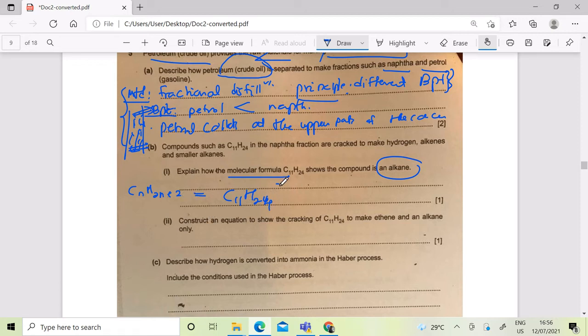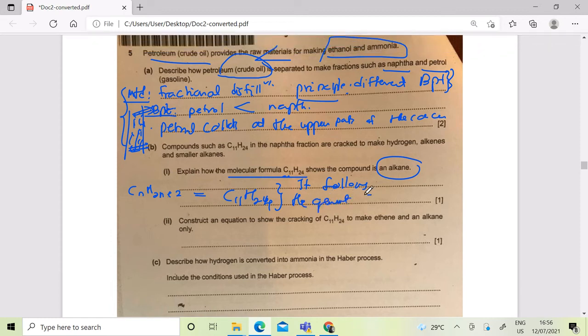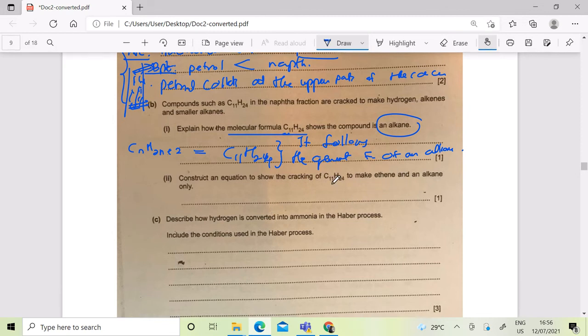Very simply you can say C11H24 follows the general formula of an alkane. Right. Going to part 2. Construct an equation to show the cracking of C11H24 to make ethene and an alkane.